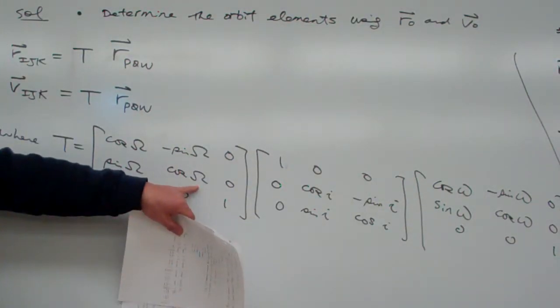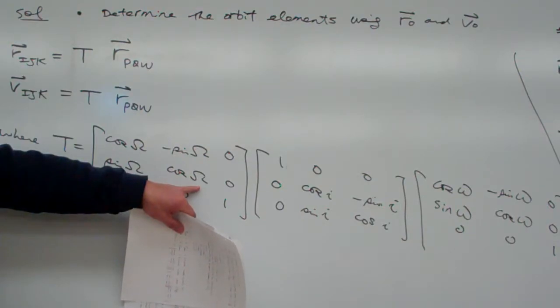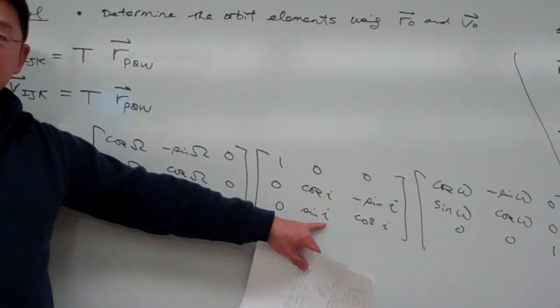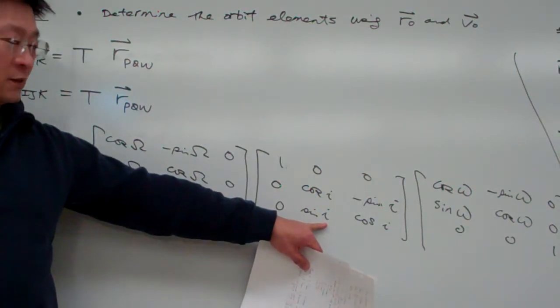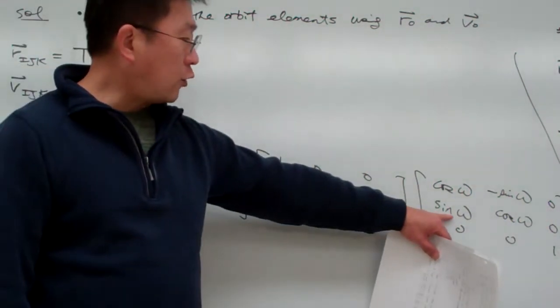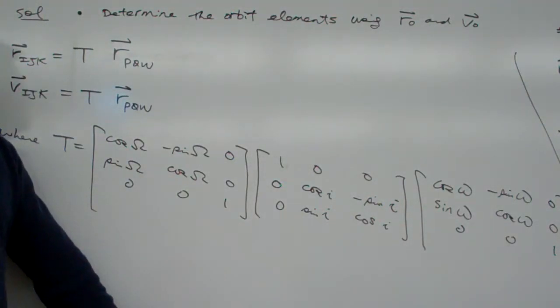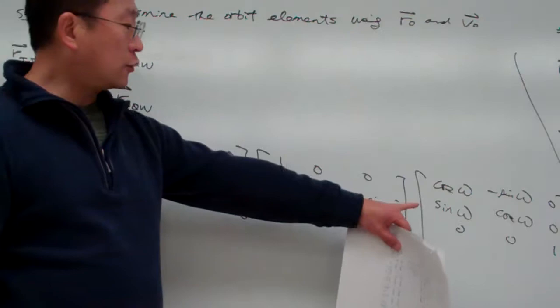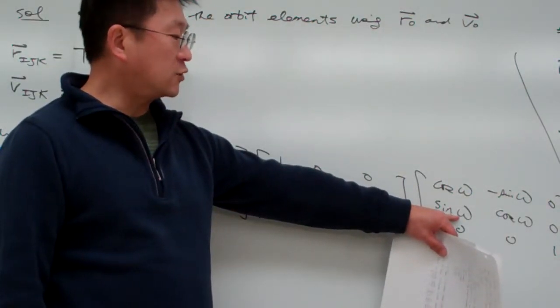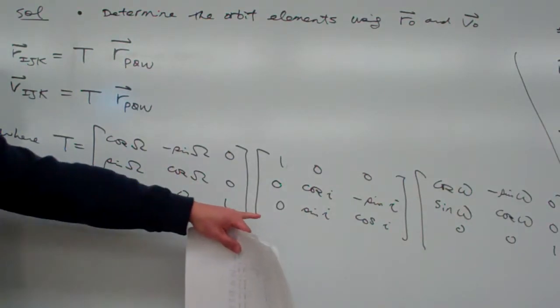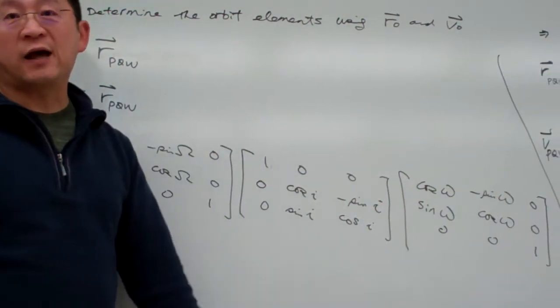And capital omega is the angle between the I-axis and the line of nodes. The i is the inclination of the orbital plane. The smaller omega is the angle from the line of nodes to the eccentricity vector. Basically, those are part of the orbital elements previously calculated.